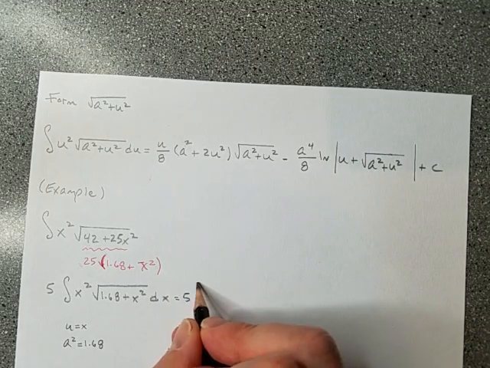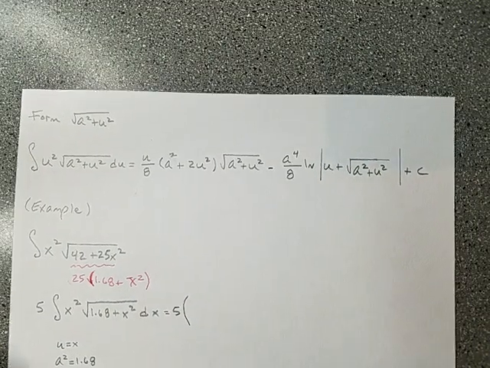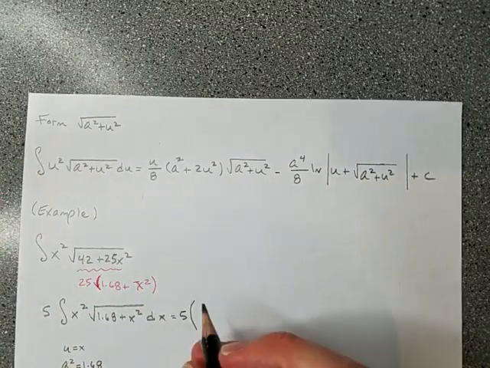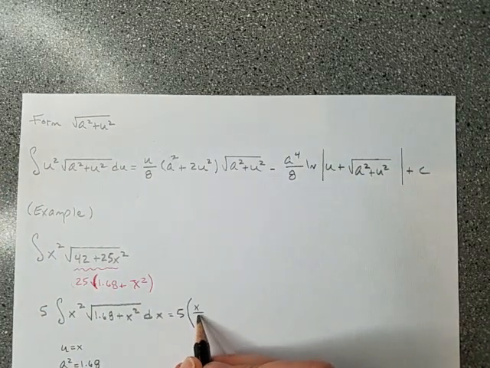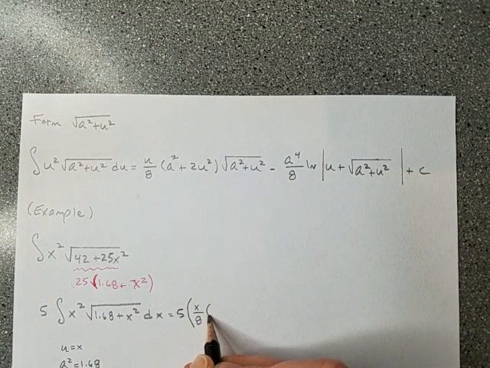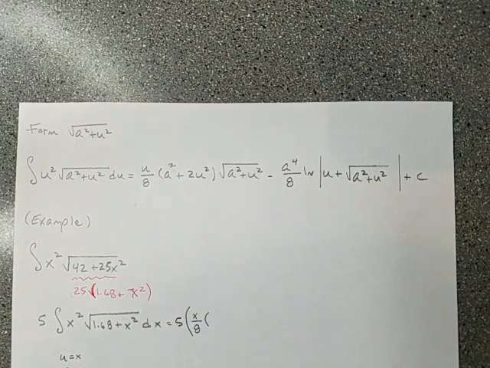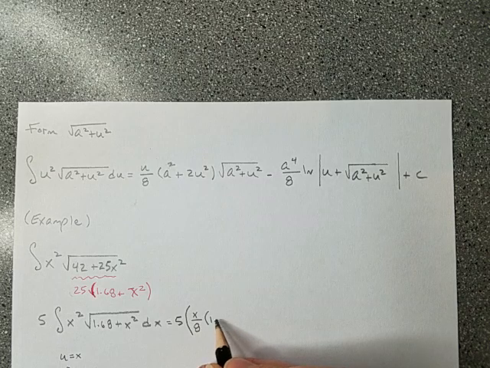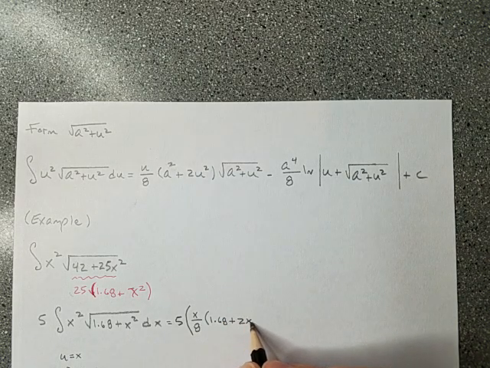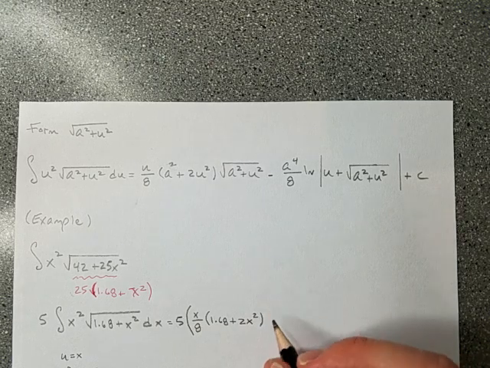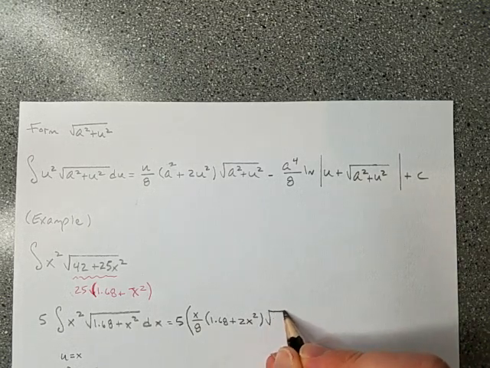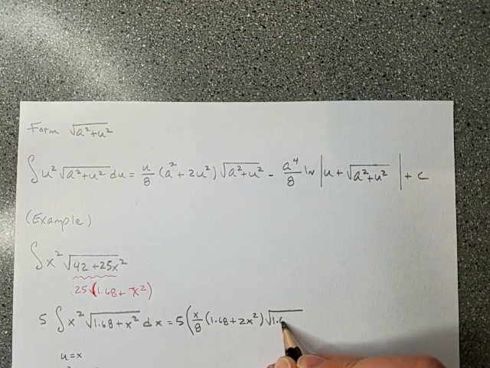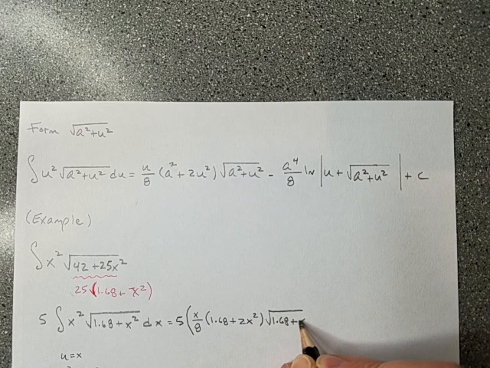5 times, what does it say? u over 8, so that's going to be x over 8, times a squared plus 2u squared. That's a squared right there, 1.68, so 1.68 plus 2x squared, times the root of 1.68 plus x squared.